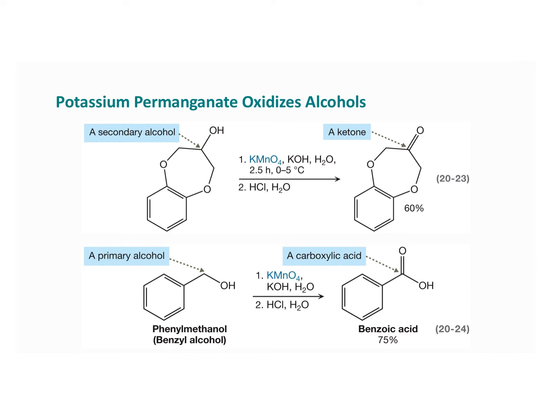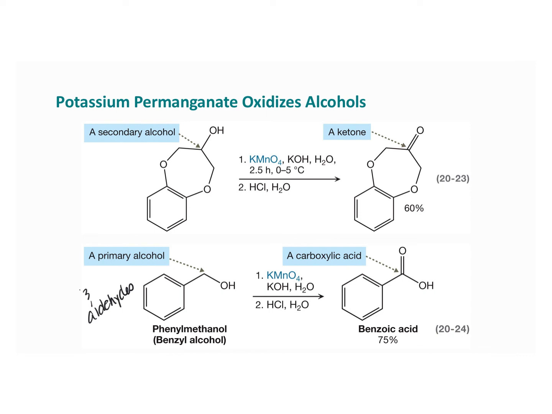And then secondary alcohols are oxidized to ketones. So primary alcohols and aldehydes, and that's the same outcome that we see with chromic acid as the oxidizing agent.